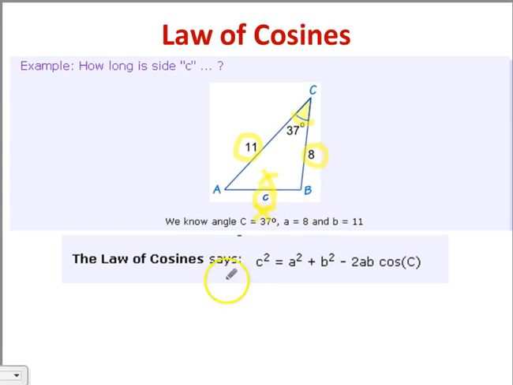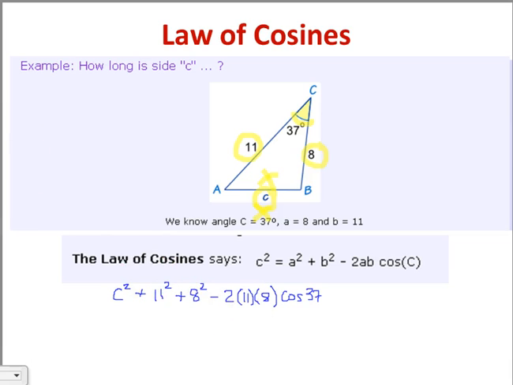C squared, we don't know that side length, so I'm going to keep that as c squared equals a squared, which would be 11 squared, plus the other given side, which would be 8 squared, minus 2 times ab. So a and b are always going to be the two sides that are given. And then cosine c, and that's 37 degrees.